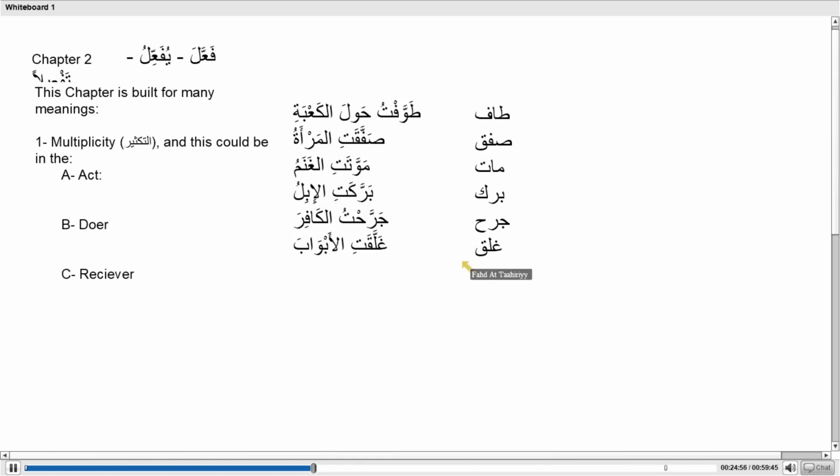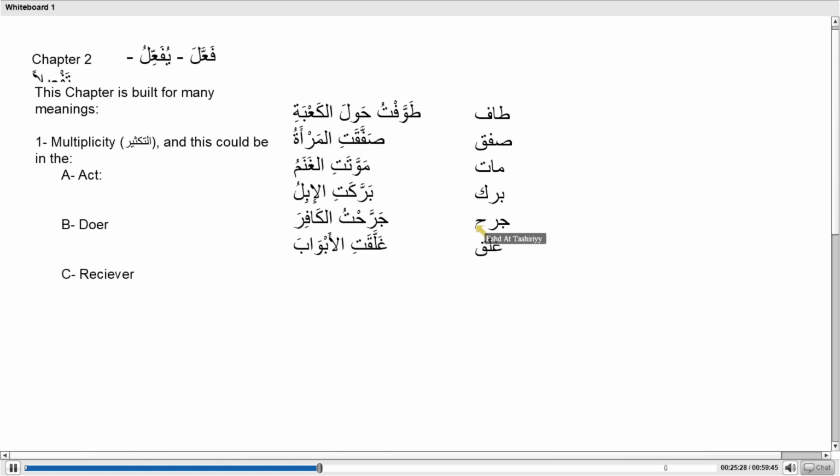Clear? طيب. جرح. جرح means no. There is Jamal, there is Naqa, there is Ba'id, there is Ibil. There's many, barakallahu feek.